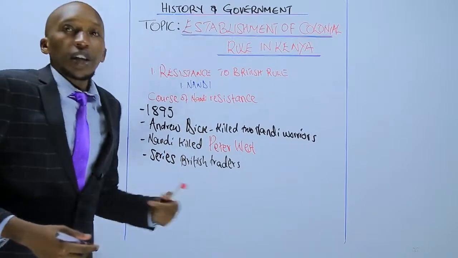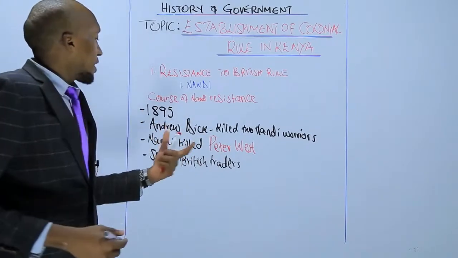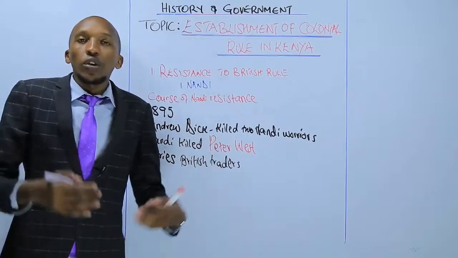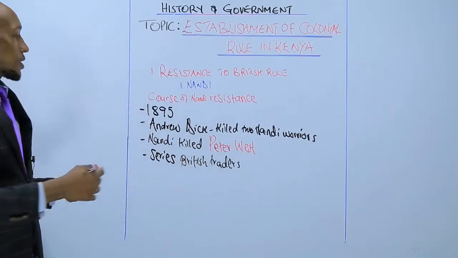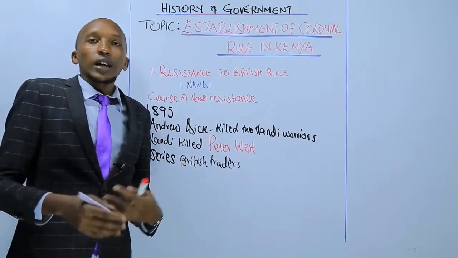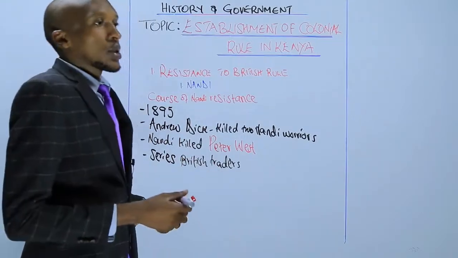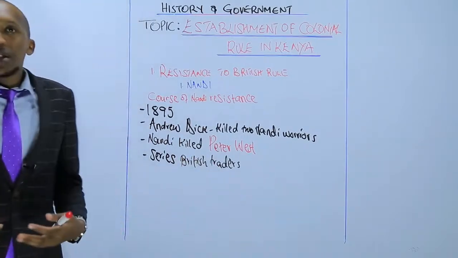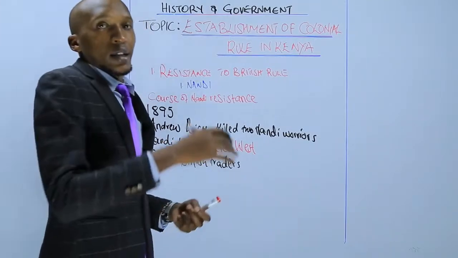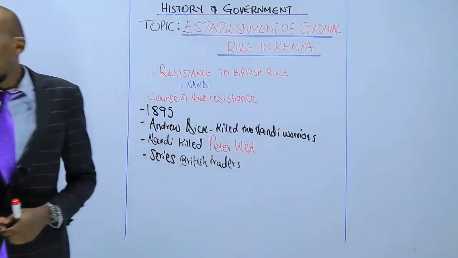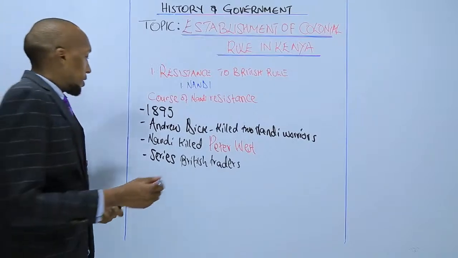So every now and then the Nandi would mount attacks against these traders, and each and every time they attacked, the British would send expeditions, that is an army, to try and quench or fight against the people.